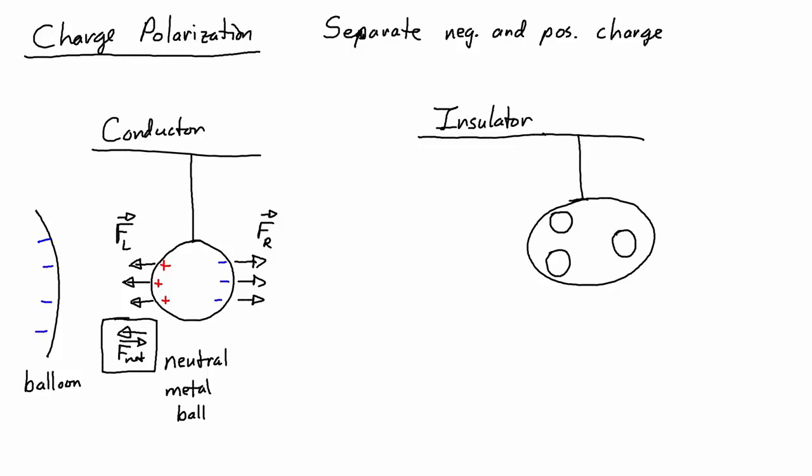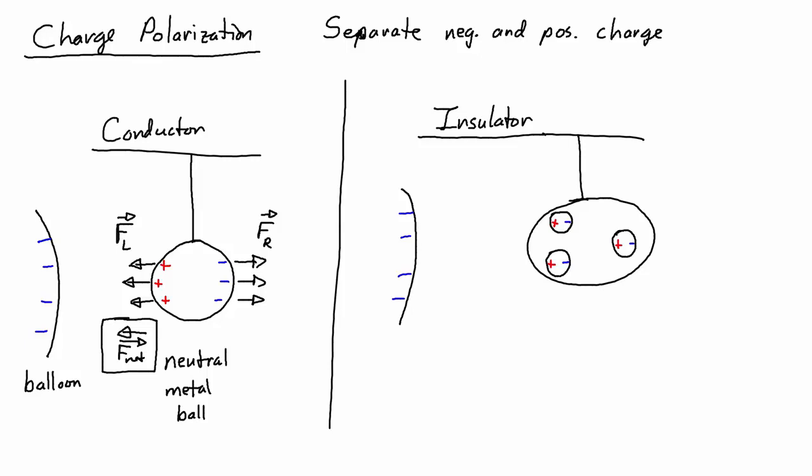If I again bring a negatively charged balloon in from the left, then the balloon will actually polarize the individual atoms. The electrons are not free to move around within the insulator, but the orbit of the electron can change, and by bringing the balloon closer, you influence the orbit so that there's a higher probability that the electrons will be farther away from the balloon.